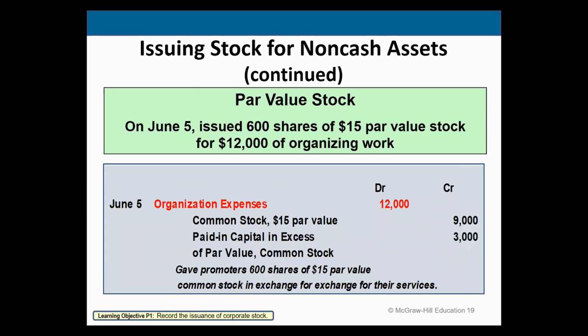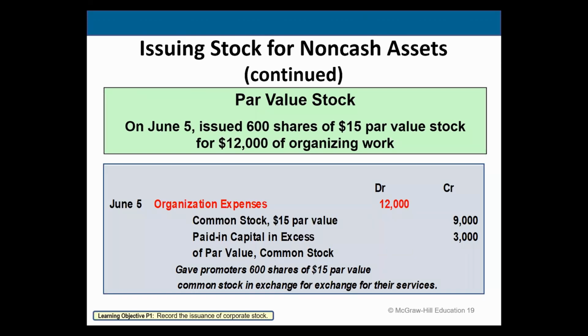Now, a corporation sometimes gives shares of its stock to promoters in exchange for their work in organizing the corporation, which is recorded as organization expenses. So when you first organize the corporation, the entry to issue 600 shares of $15 par stock for $12,000 of organizing work is shown.